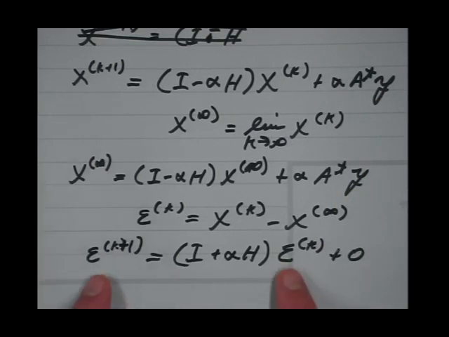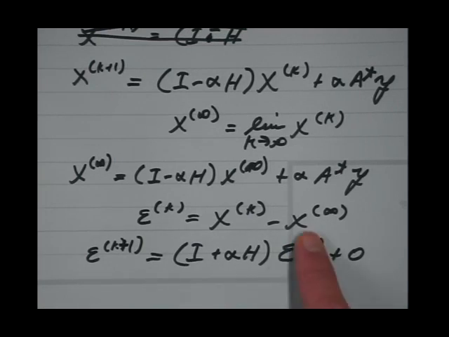This is a really interesting equation because it tells you how the error decays. You don't really know what epsilon is because you would have to actually know x infinity. And if you knew x infinity, you'd be done to start off with. But we're assuming there is some x infinity, we just don't know what it is, and our error is going to decay according to this equation.